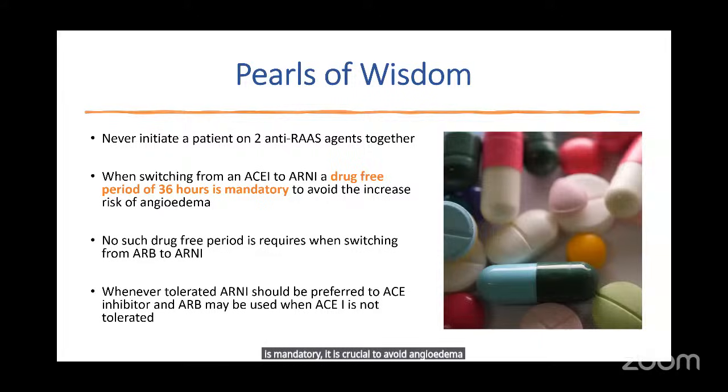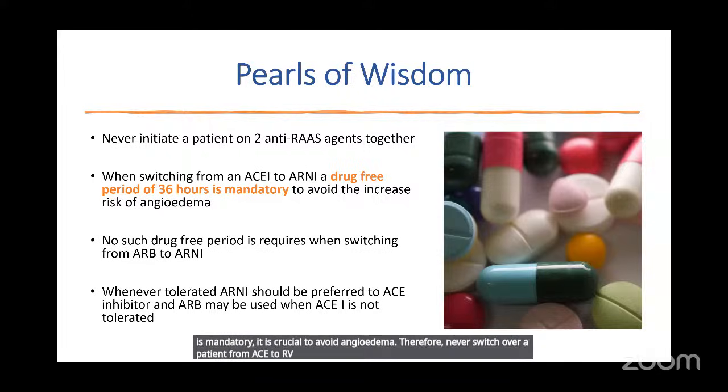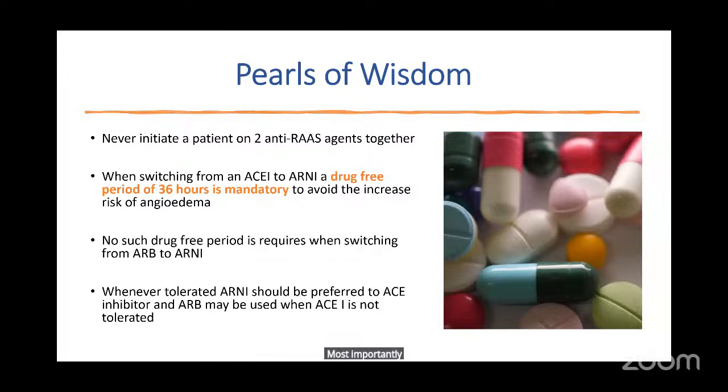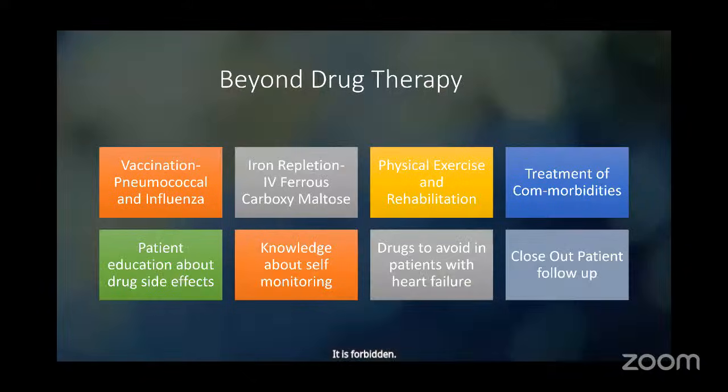Therefore, never switch over a patient from ACE to ARNI without a 36-hour drug-free period. This drug-free period is not required when switching from an ARB to an ARNI. Most importantly, give no patient a combination of ACE, ARB, and ARNI. It is forbidden.